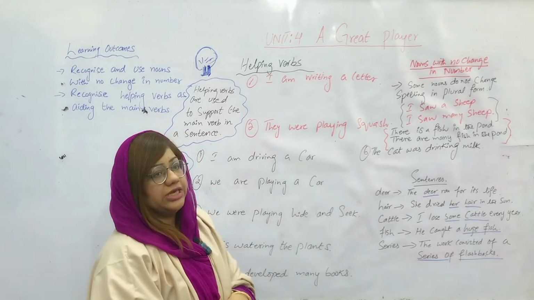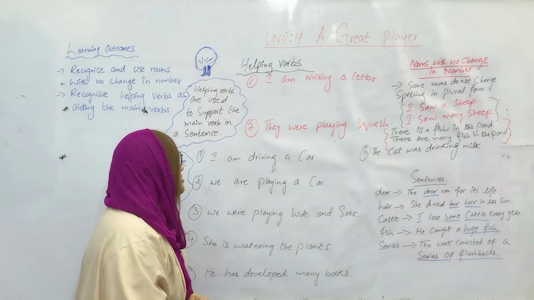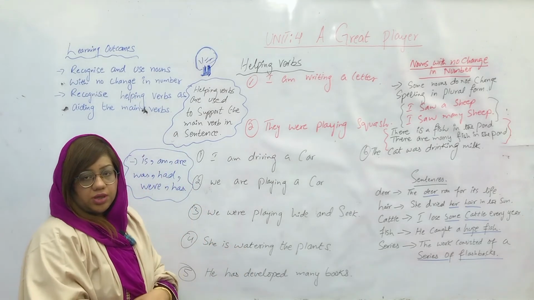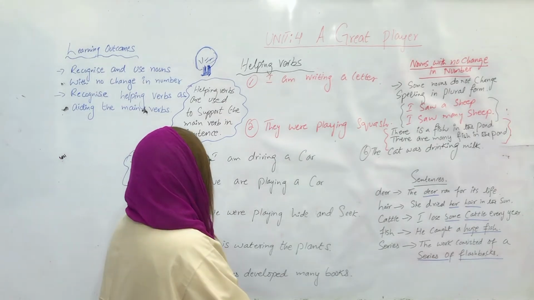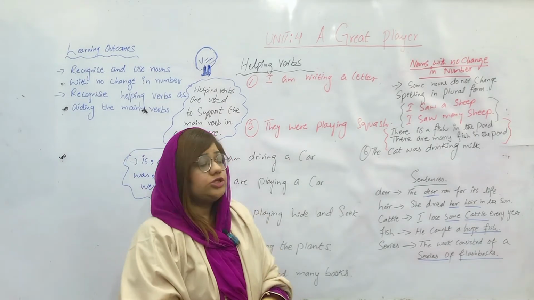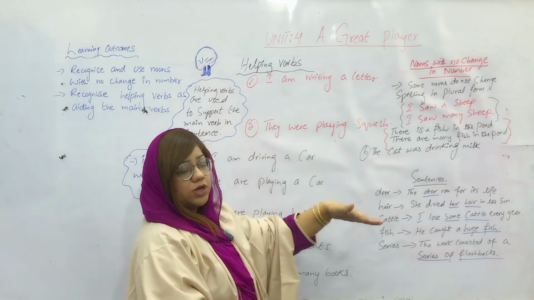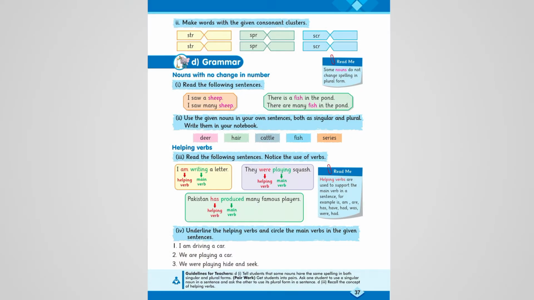Here you can see there are some sentences written on the board. Let's start from number 1. What we need to do is identify the helping verb and the main verb. Okay, let's start. Here you can see, I am writing a letter. What is this am called?